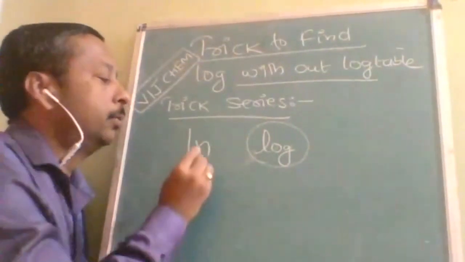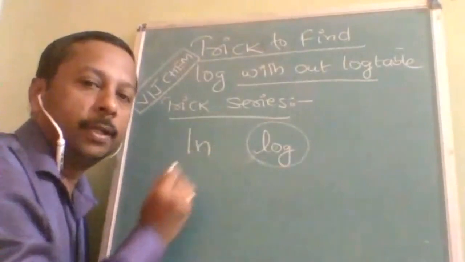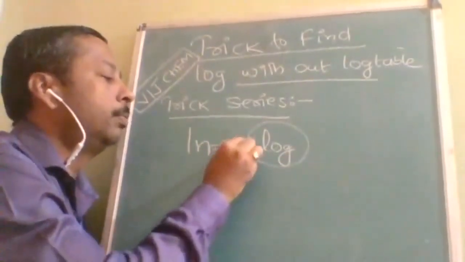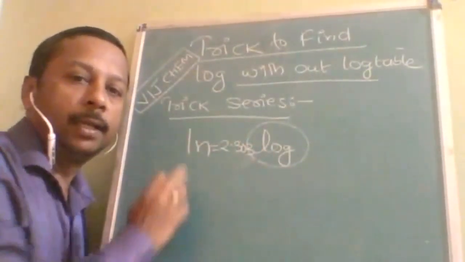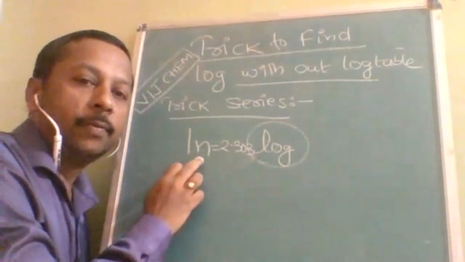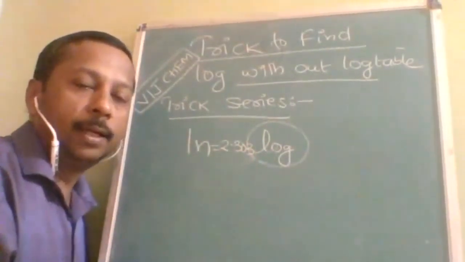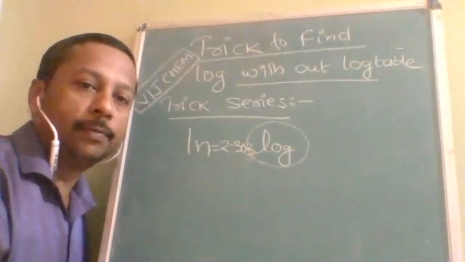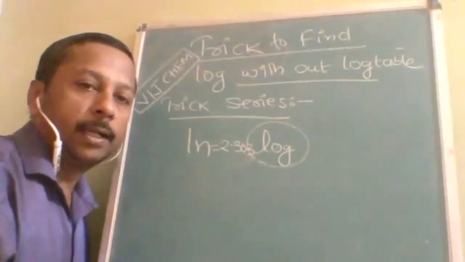Okay, so if somewhere something is given in ln, you can convert ln to log by multiplying with 2.303. When you want to write the given ln value in terms of log, you have to multiply it with 2.303. This is the multiplication term for converting exponential log to the 10 base log.